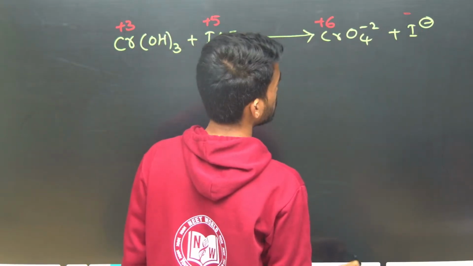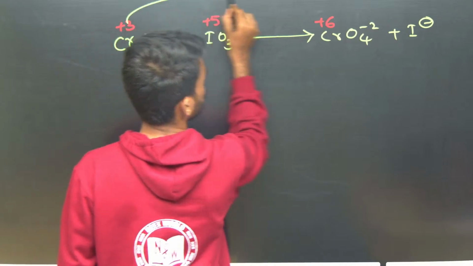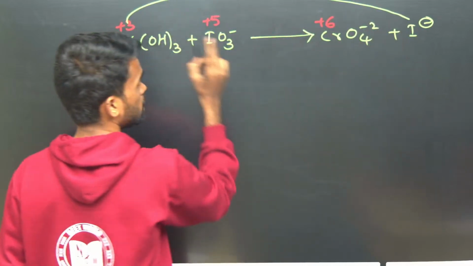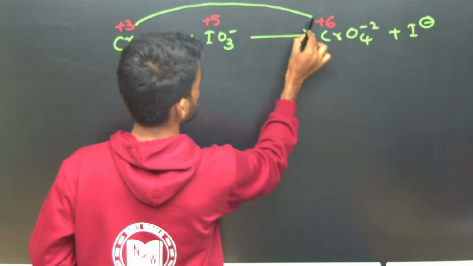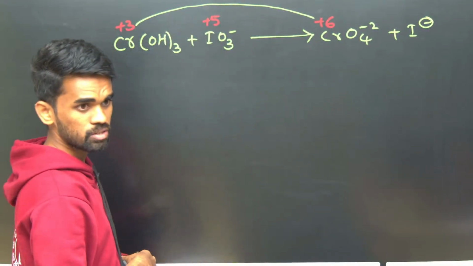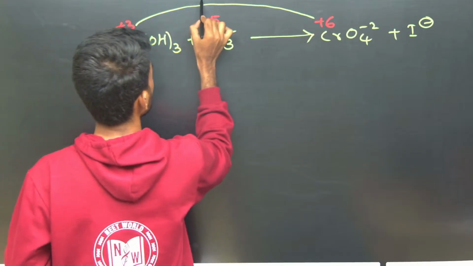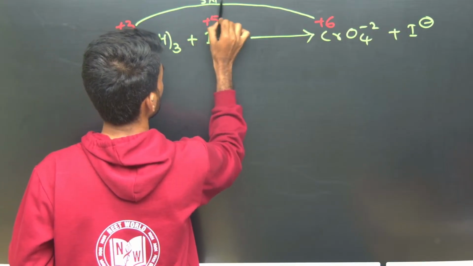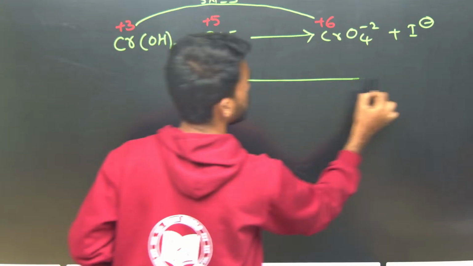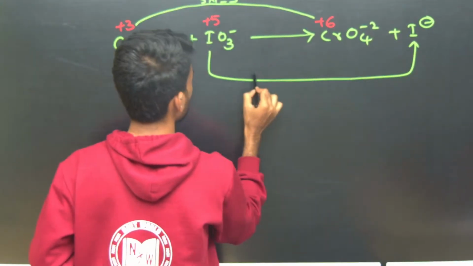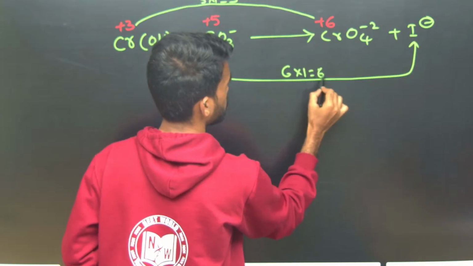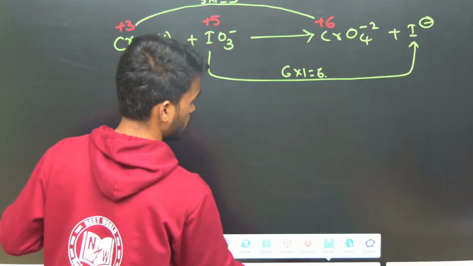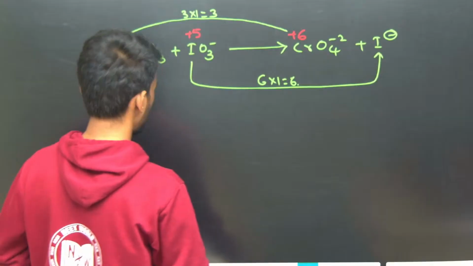Cr is plus 3, iodine in IO3 minus is plus 5, and in iodide minus 1. Chromium goes from plus 3 to plus 6, oxidation. How much is the number? 3, 3 into 1 chromium, so 3. And from plus 5 to minus 1, 6. Iodine atoms are 1 only, so 2 Cr and 6.